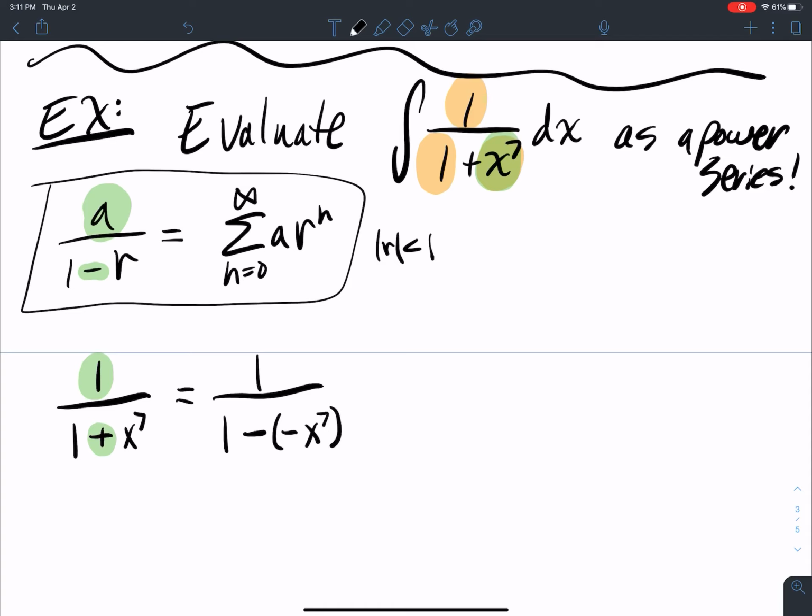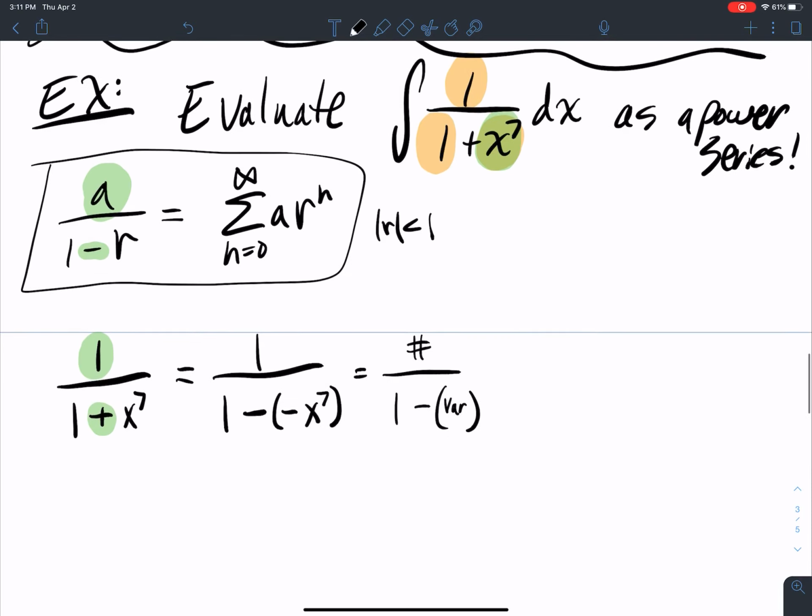And now we're in the form of a number over 1 minus, and then we've got some variable in here, okay? That's the form that we're looking for. However you have to do that, I don't care, but that's your goal: to make it look like this.